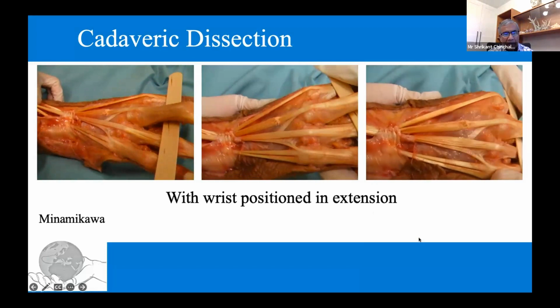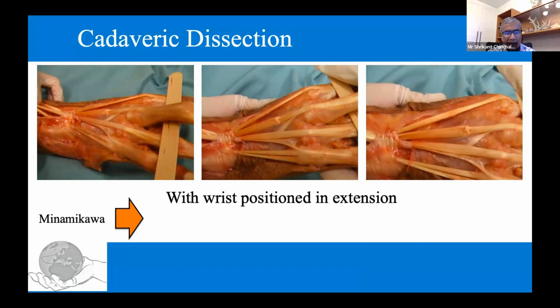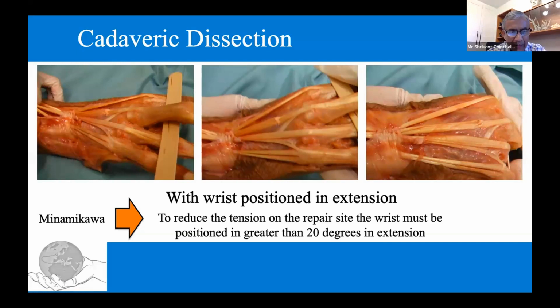But when we allowed motion of the wrist and the fingers, we identified significant stress placed at the repair site, and we identified that there was a failure of the sutures used to repair at this level. So that brings us back to Minamikawa's work, who identified that to reduce the tension on the repair site, the wrist must be positioned in greater than 20 degrees of extension.